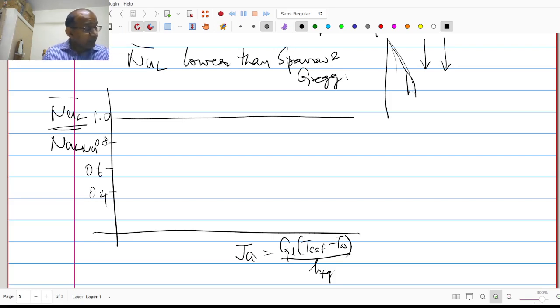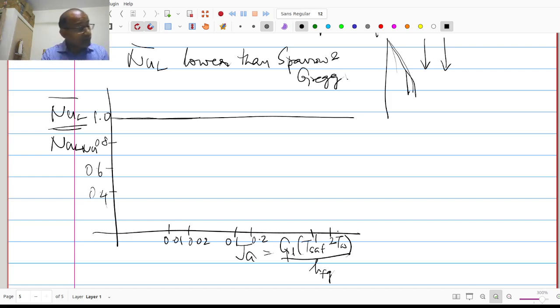Now, if I plot this, what they found is that for Prandtl number, let me put values here. There is 0.01, 0.02, then 0.1, 0.2, and there is a 1, and a 2, and so on. It's a logarithmic scale.